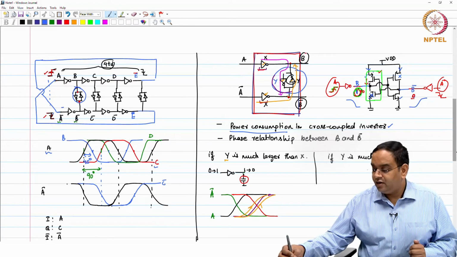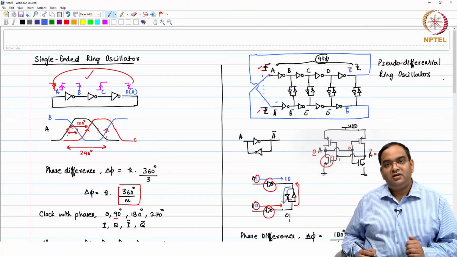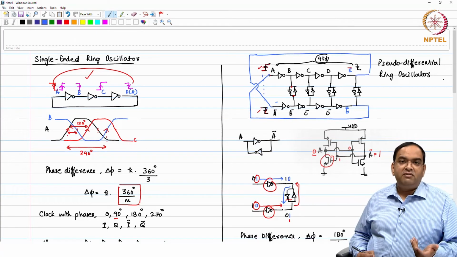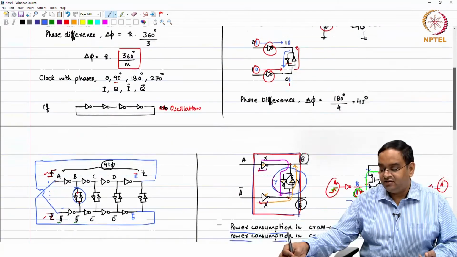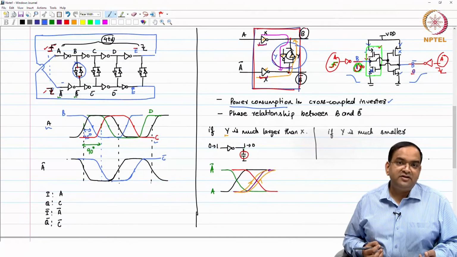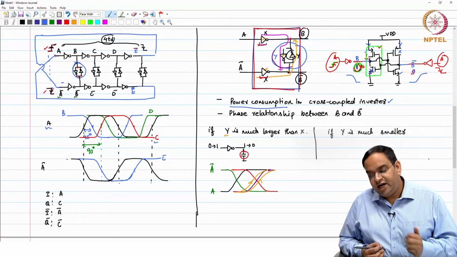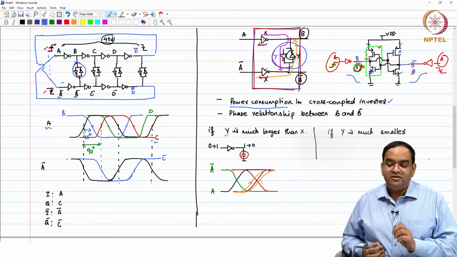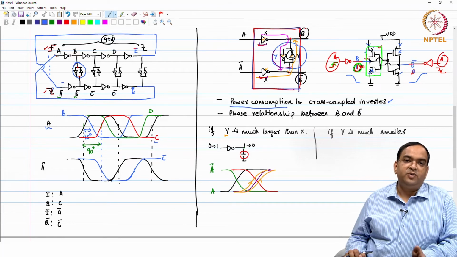If you look at the single ended oscillator, when we want the phases like 360-degree by m, where m is odd, you do not have any cross coupled inverter. You do not need any cross coupled inverter unless you want complementary phases. So, this is the price which you are going to pay, and you will try to look for solutions where you can maintain this phase relationship without burning power in the cross coupled inverter.